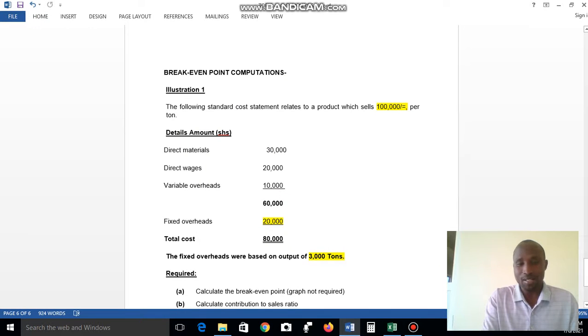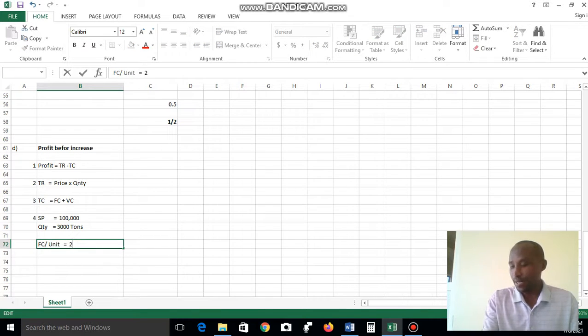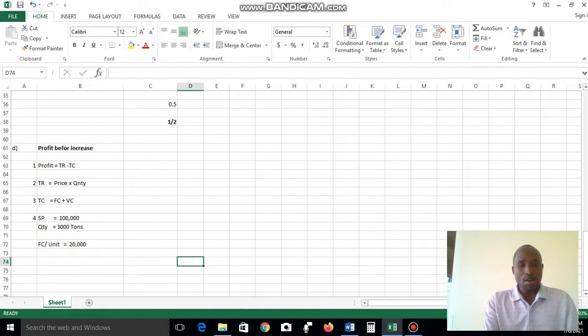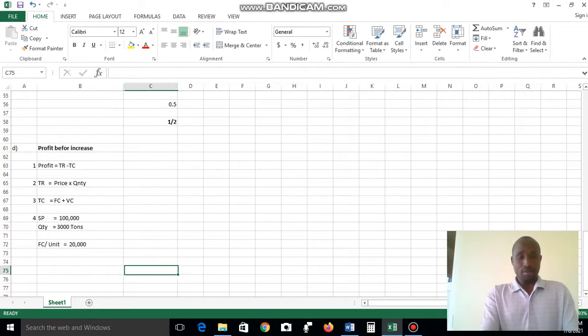This is the level of activity, the old one, because we must compute the profit at this level of activity, 3,000. And at this level, the fixed costs were 20,000 per unit.